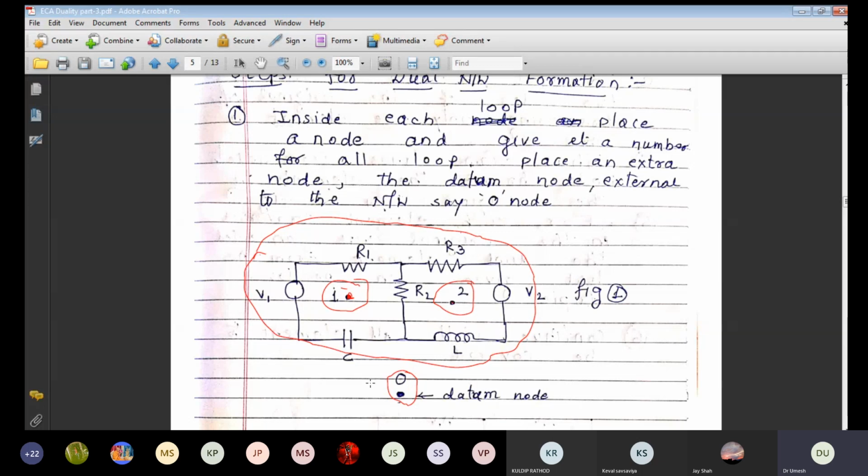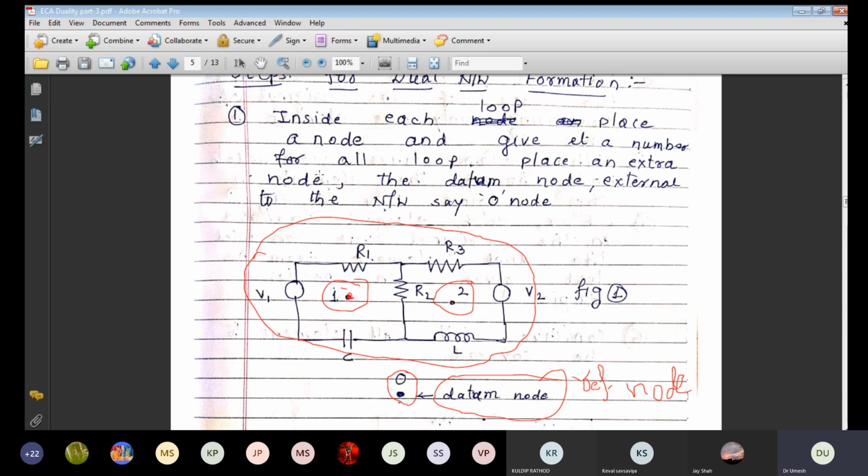The third node is not a third loop, it is outside, and that is known as the reference node or datum node.